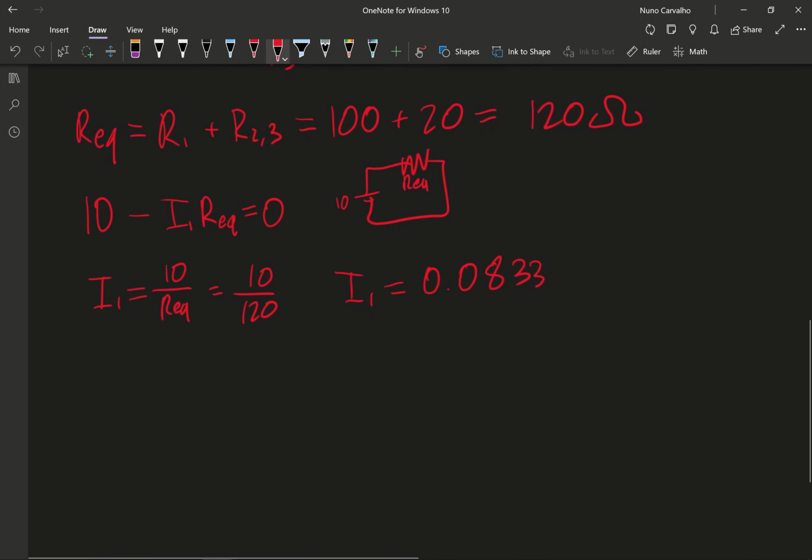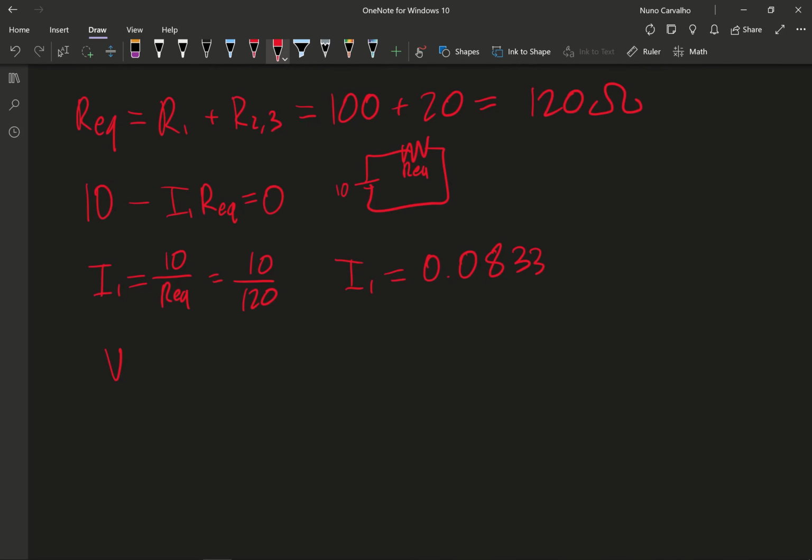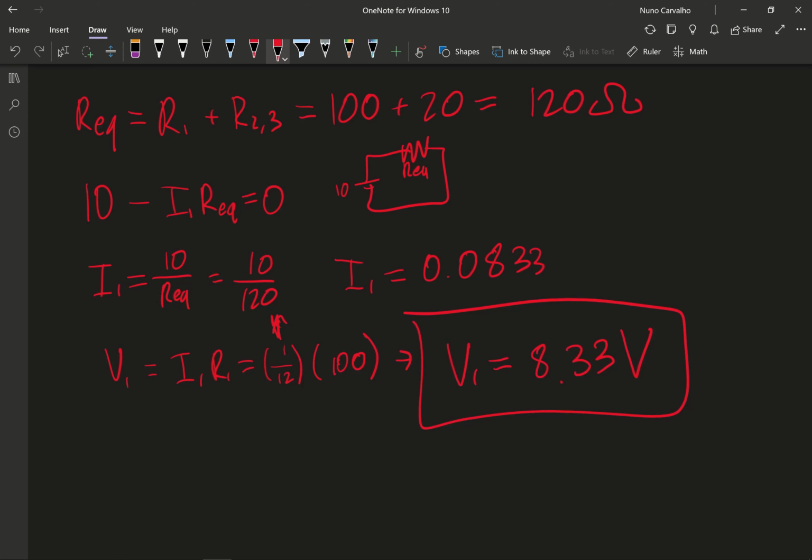And now I basically go back, and if I want to find the voltage across the first resistor, so voltage across 1 is going to be given by I1 times R1, which is to say, we could put this as a fraction actually, 1 over 12, which I got from here, right, times the resistance of R1, which is going to be 100, and again, using these decimals here, I'll be able to see that V1 is going to be 8.33 volts. And so that would be our answer.